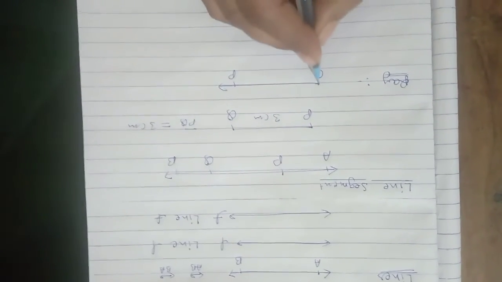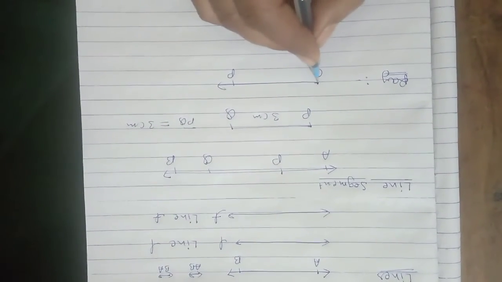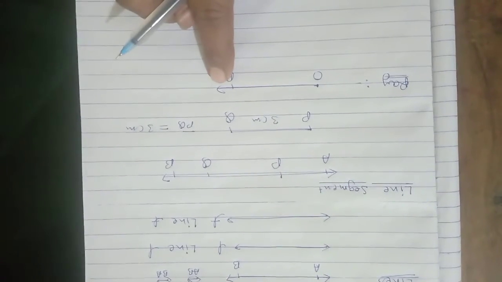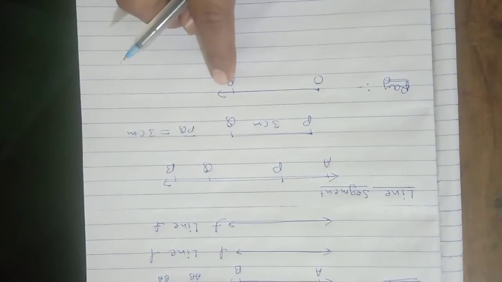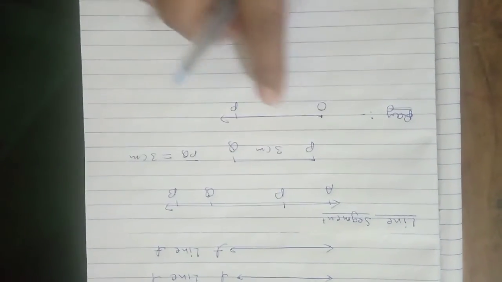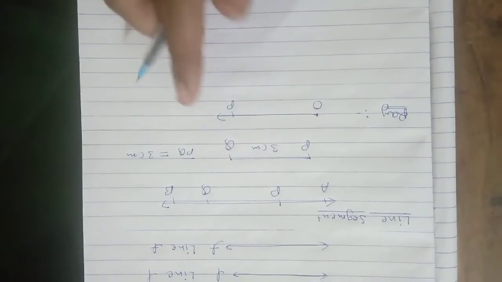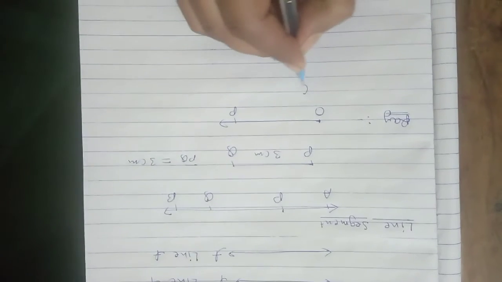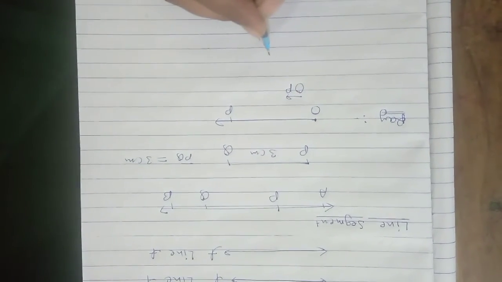This is called the starting point or initial point, also a fixed point. And in one direction, this arrowhead tells us the ray is going endlessly. Since we don't have another fixed point, we cannot measure this. We can represent the ray like this, OP, and write here ray OP.